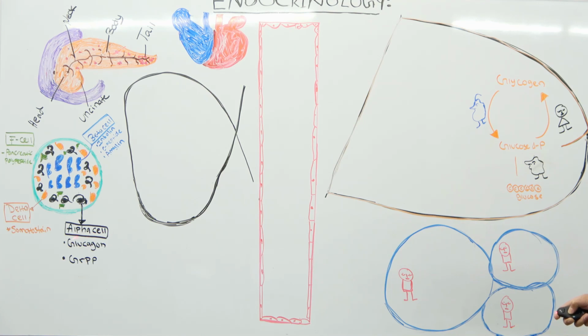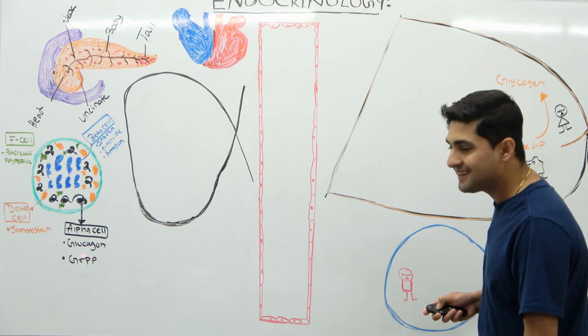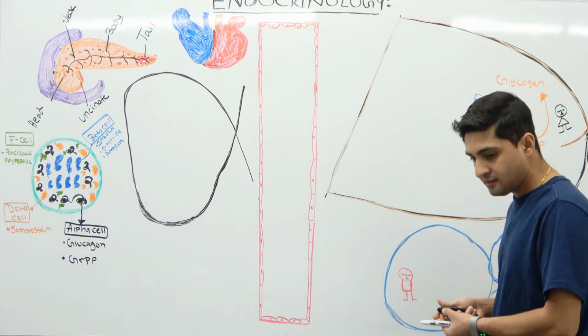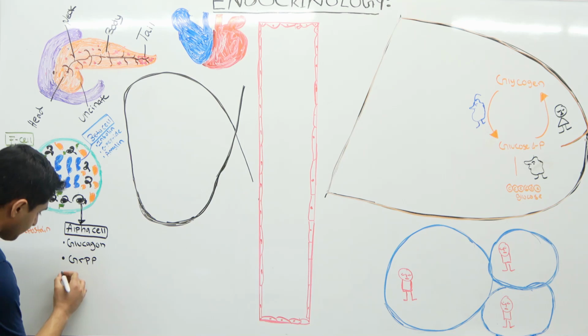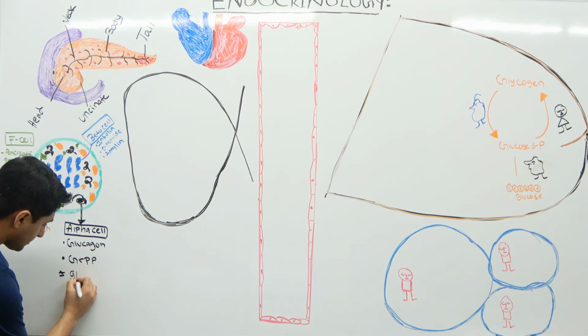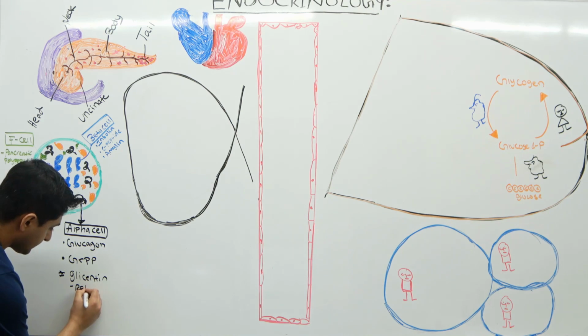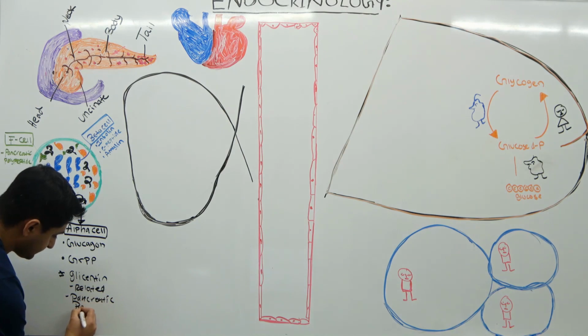So this is glucagon, right? And you guys know glucagon is a peptide hormone, right? And glucagon is a catabolic hormone. You guys know this. But what does GRPP mean? This GRPP is called your glicentin-related pancreatic peptide.